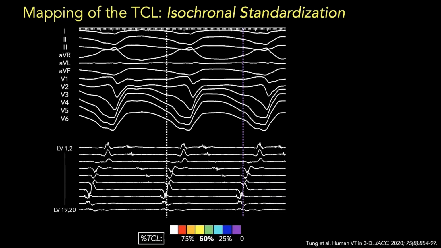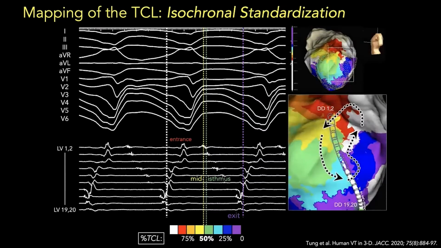You can then trace back from purple to white and go dark blue, light blue. Yellow meets green is at that 50% point, which is the mid-isthmus that Stevenson defines as 50%. So 25 to 75 is somewhere in the isthmus, and everything that's proximal is entrance and everything that's distal is exit. This then allows you to put this onto a color map and see the beautiful activation of it.